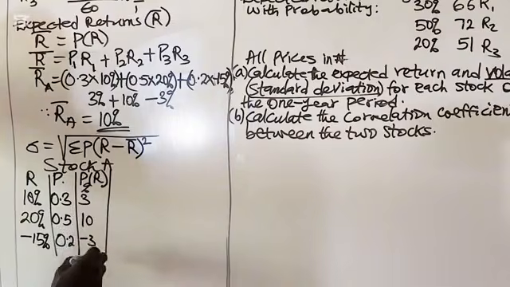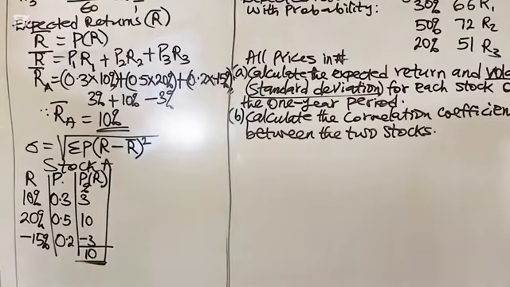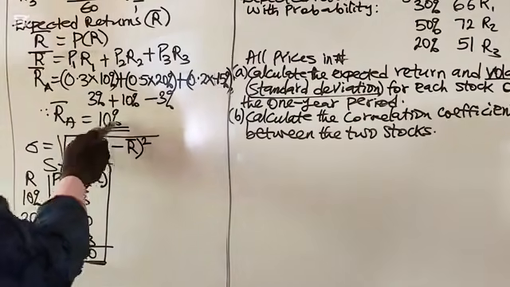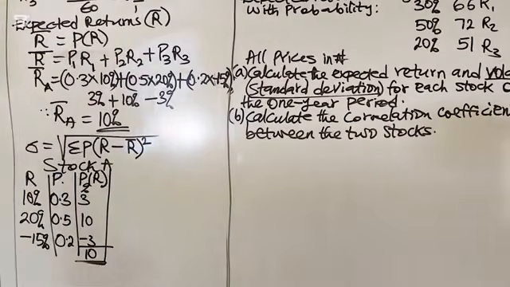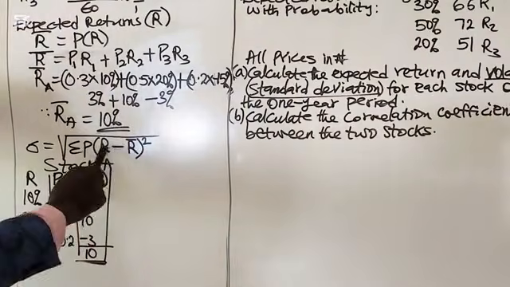These are the expected returns, and the total of this is 10, which was the expected return as calculated. If you don't want to show the calculation like this, you may show it in form of a table like this.